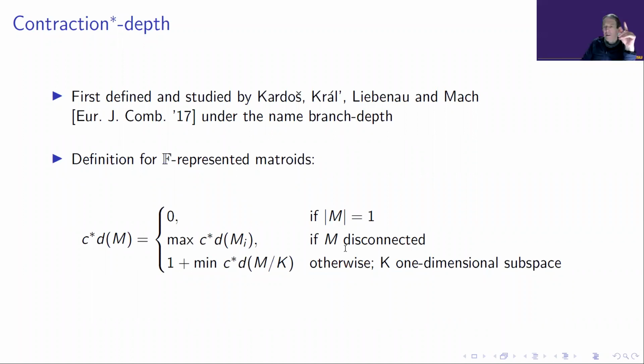Sorry, can I ask a question? When you do this contraction star depth, you potentially are adding a new element and contracting it out. Is that right? The element might be a new element, it's not actually in the matroid. No, I'm not adding it, the ground set stays the same. So how is this different from just contracting a single element?